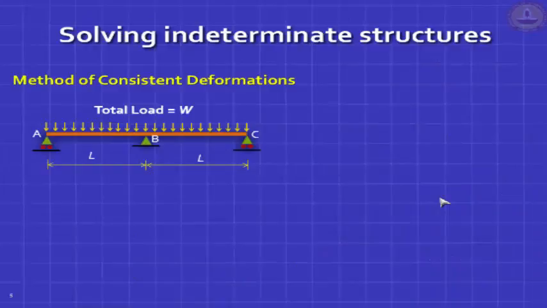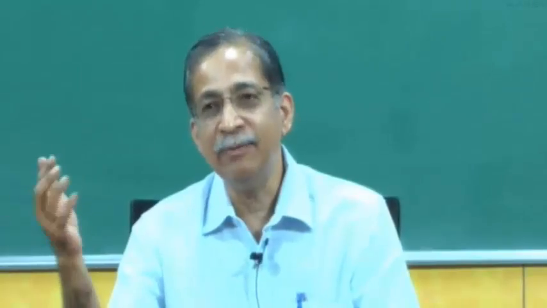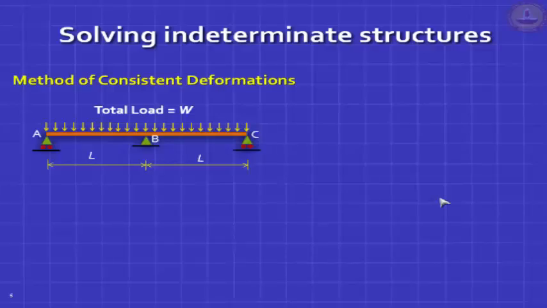Let's solve it by a slightly different approach, which is also good to understand. In the previous example, the X is also called the redundant, meaning the unknown, the extra force. Redundant means extra, which is unnecessary for simple stability. Let's say we choose the support reaction at B itself as the unknown redundant.